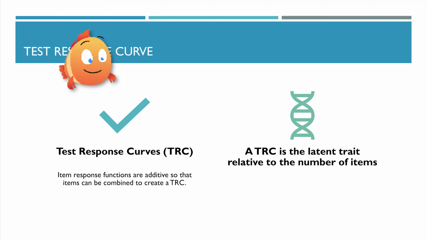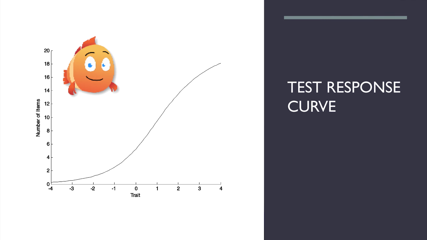So the total estimated ability is a function of this test. We can get a sense of the relationship between the expected number of questions you get correct versus the trait level.